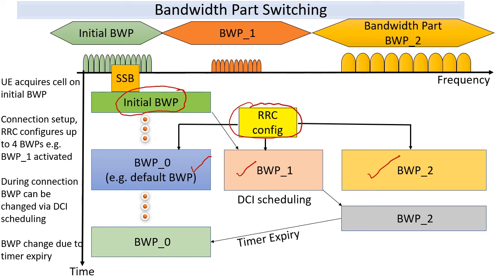We might be served at any given time by one of these bandwidth parts. We can quickly move to another bandwidth part by DCI scheduling, which can make it very fast. And if we don't have much data in that, we can fall back to a lower default bandwidth part, either explicitly mentioned or implicitly as a part of the configuration.